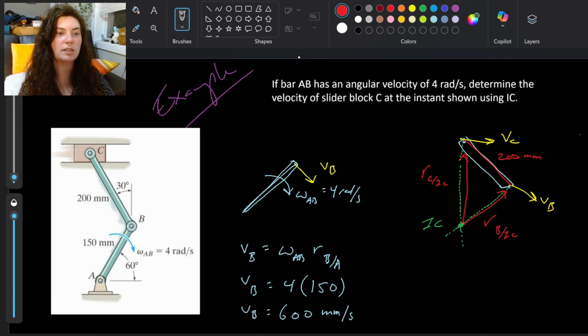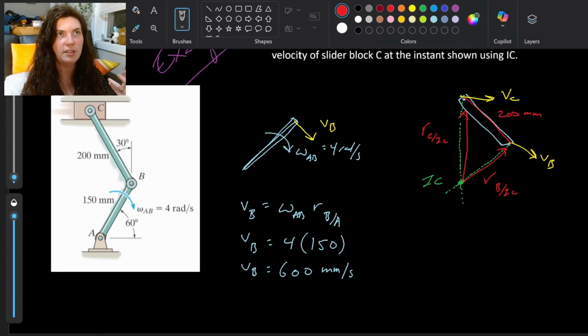And so what I'm going to do is create a triangle relationship with these, because what I'm really trying to find is what that VC is. And that VC relationship, I know the equation that I'm going to use. This is the equation that we had talked about at the very beginning. It's just omega of BC times R of C with respect to IC.